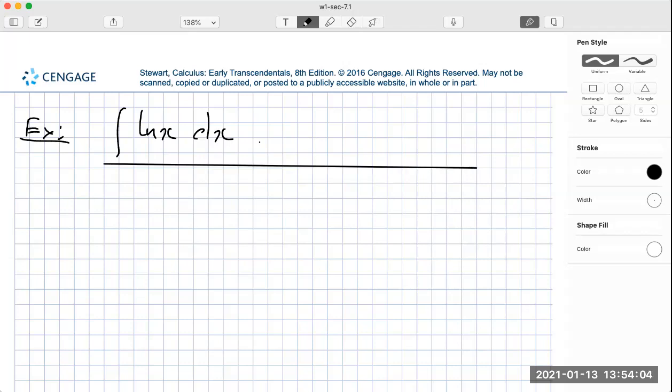Do you have any suggestions for defining u and v? Let us play with u and v, dv, right? It seems to be easier.